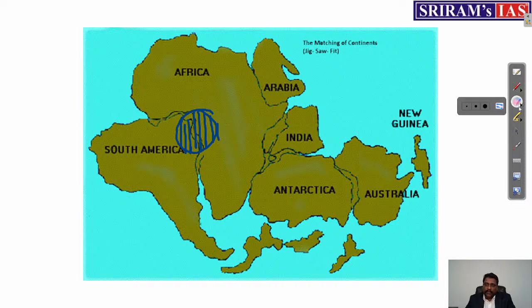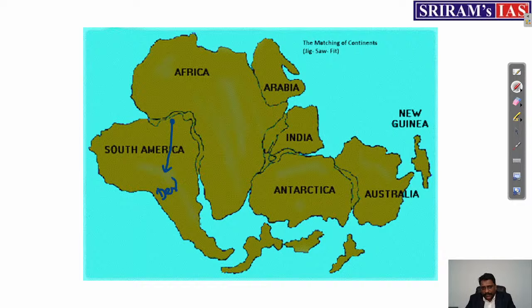For example, we have some gold deposits here. We call them placer gold deposits. NCERT says the other way around; the example I have given is the other way around. Only thing is that we have a gold deposit whose source or destination is identified in South America, whereas the source of this gold is identified in Africa.